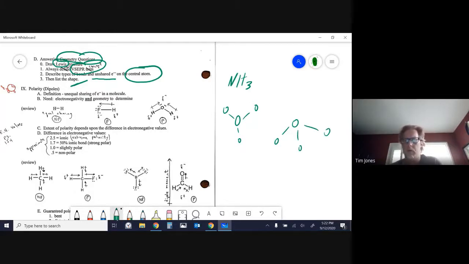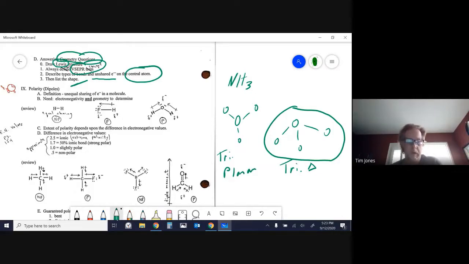It turns out the correct response is this, and the question would ask, why is NH3 triangular pyramidal and not triangular planar?